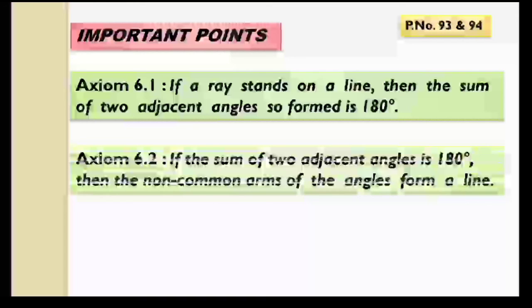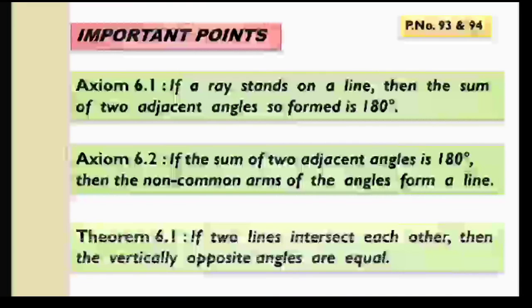This statement is just opposite to the statement of axiom 6.1. And theorem 6.1 is: if two lines intersect each other, then the vertically opposite angles are equal.